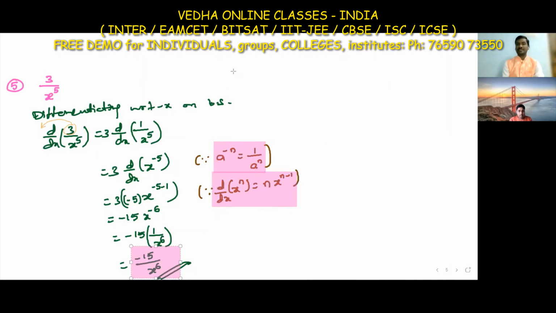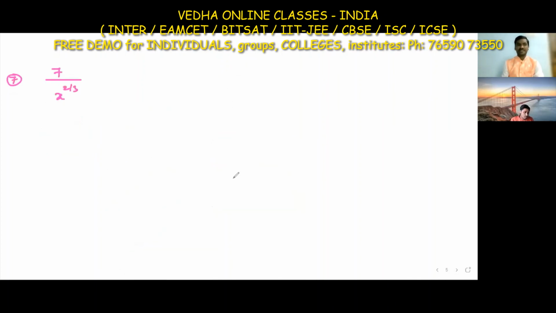So next, if we go to the next question, 7 divided by x to the power 2 by 3. This is also almost similar to the previous problem. Differentiating with respect to x, so now we have to write d by dx of 7 divided by x to the power 2 by 3.